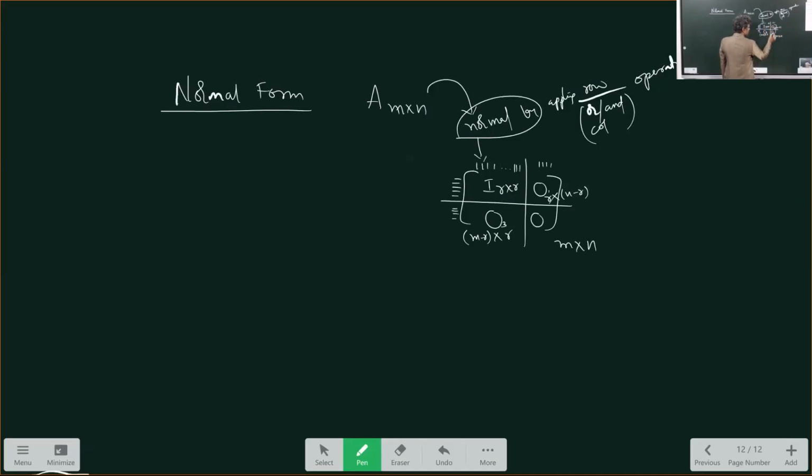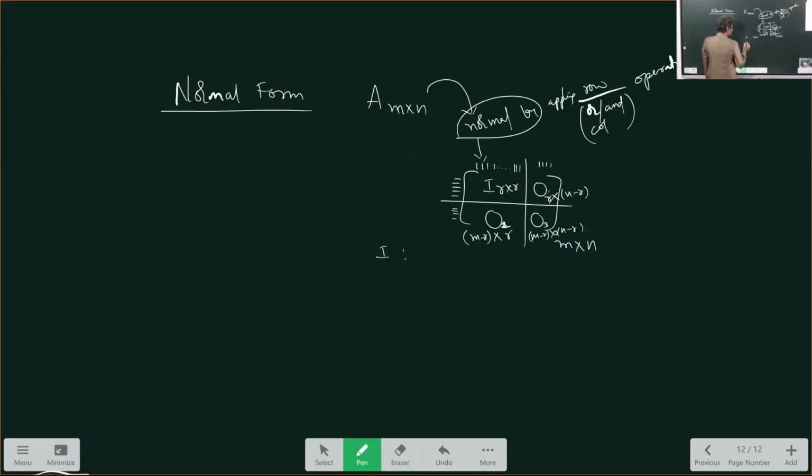Now this is 1, this is 2, only for the sake of numbering. This O3 will be of order m minus r cross n minus r. So I repeat: the I is of order r cross r.